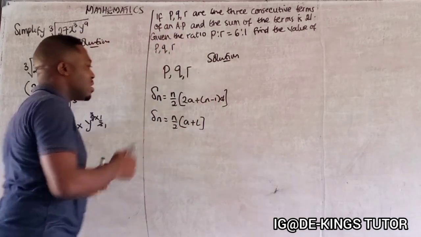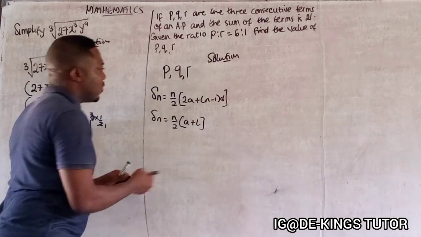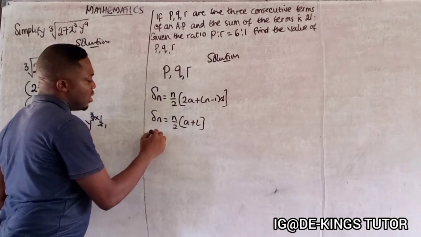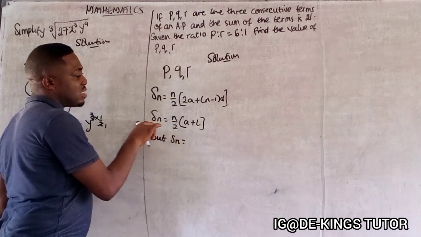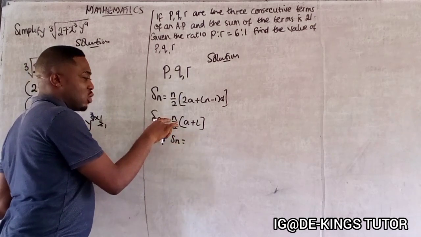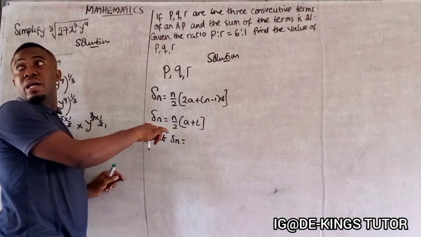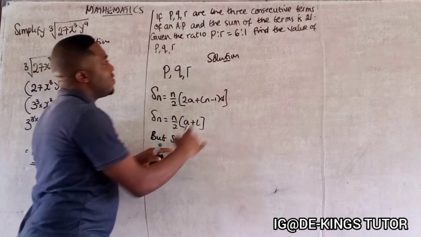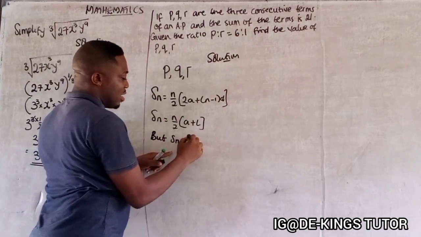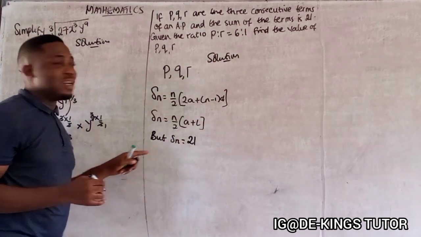So from this now, if we use this formula, we said S_n is the sum of the terms, remember, n as the number of the terms, a as the first term, and l as the last term, right? So if the sum of the terms is 21, this is 21, right?